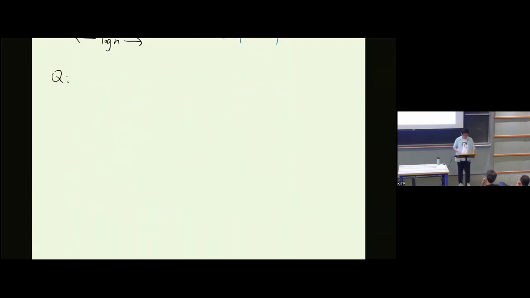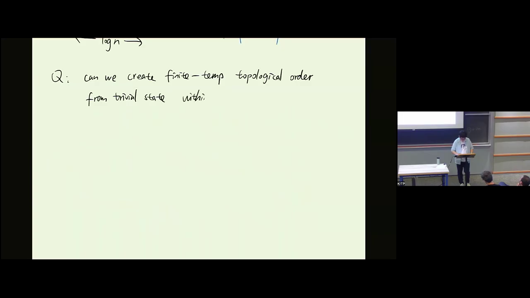But now I'm going to ask a further question. Can we create finite temperature topological order from a trivial initial state within thermal noise?